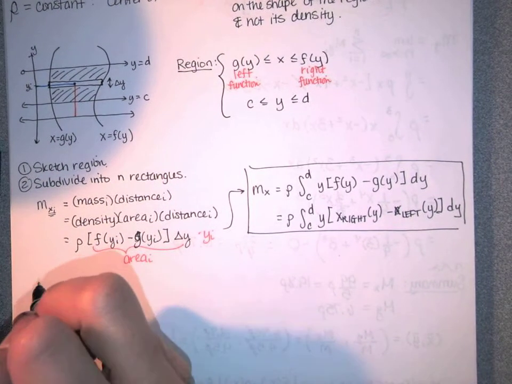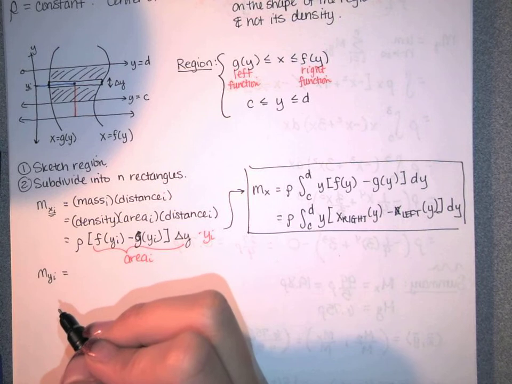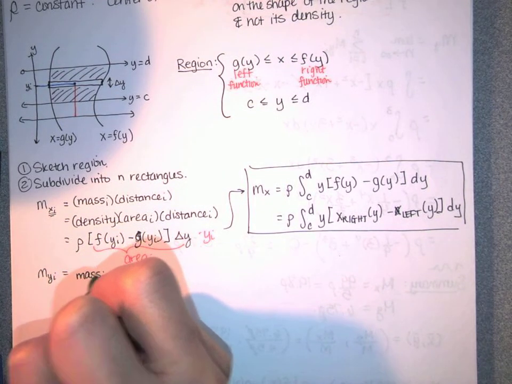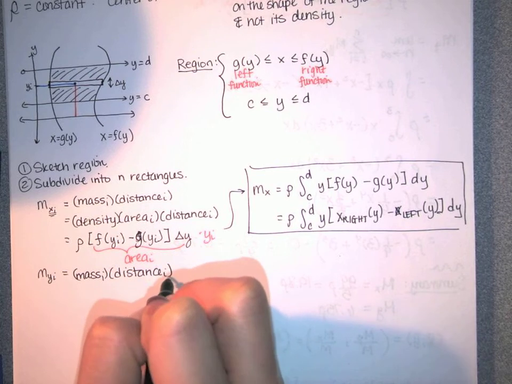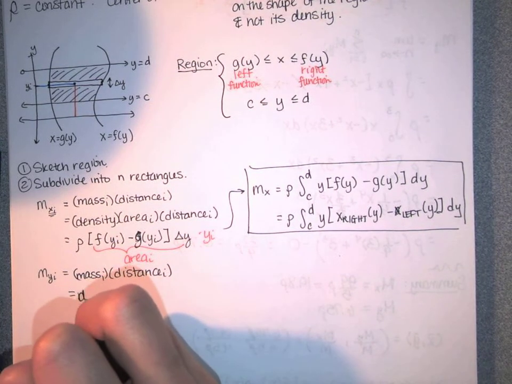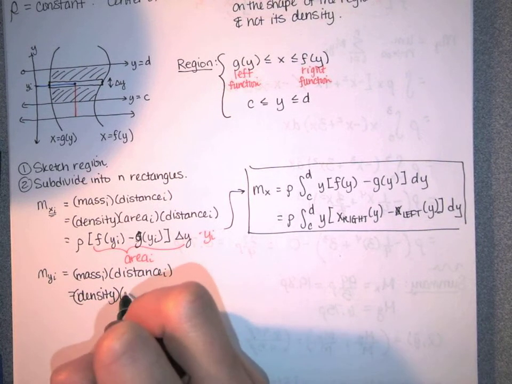Similarly, the moment about the y-axis for that particular piece is mass times distance to the y-axis. So the mass is just our density times the area, because our density is mass per unit area.